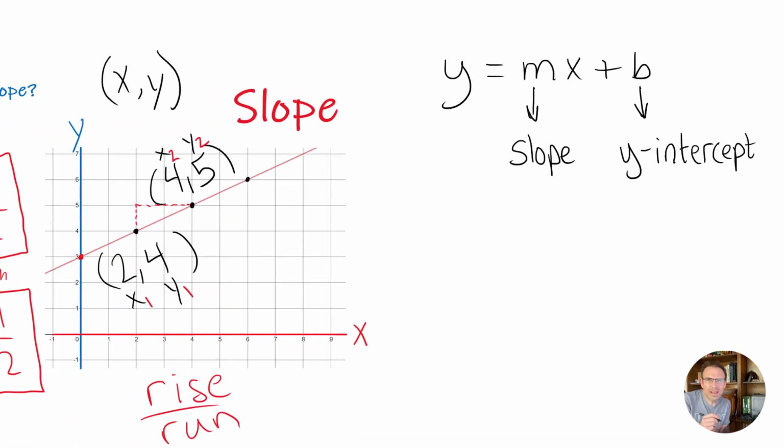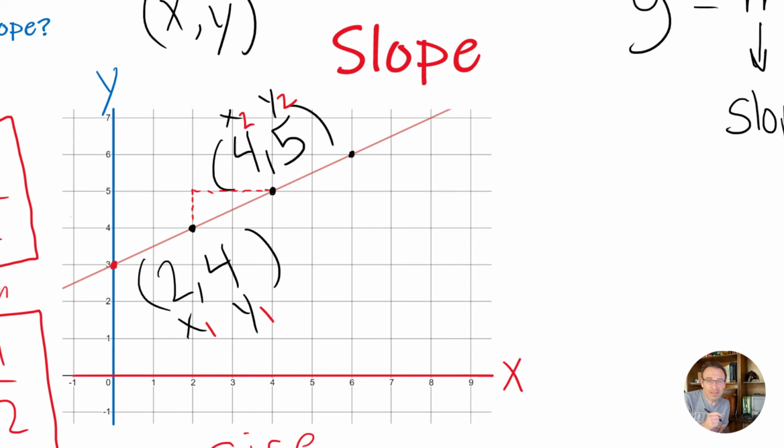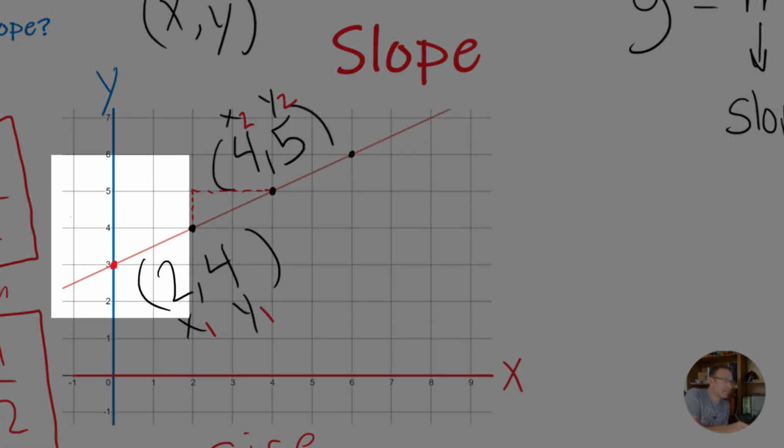What is the y-intercept? The y-intercept is simply the point on the graph at which your line crosses the y-axis. This line crosses the y-axis right here on the 3. That's that special red point I was talking about earlier. That's our y-intercept. It's the point at which this line crosses the y-axis. It's also the point at which the x value is 0. It's the y value when the x value is 0.